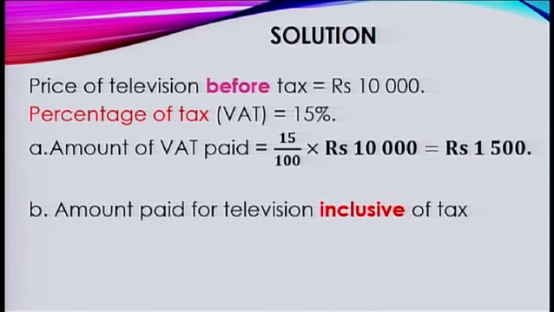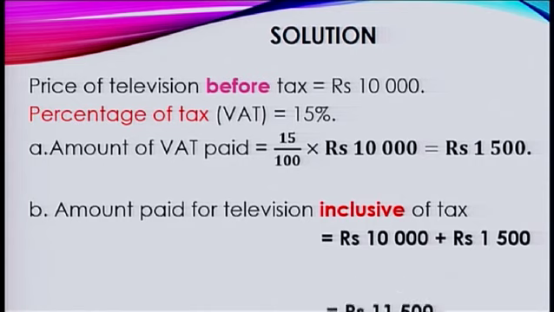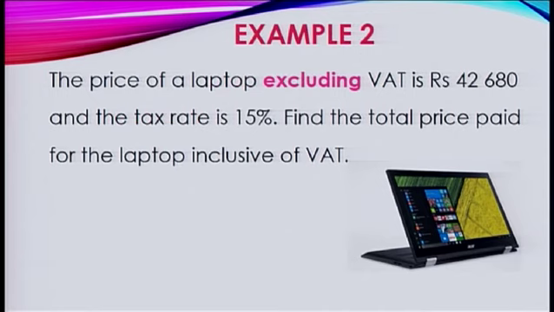Now, the second part, you were asked to find the amount paid for the television inclusive of tax. How do you do that? Well, you just take the amount before tax, that's 10,000, plus 1,500, which represents the amount of VAT paid. You will get 11,500.